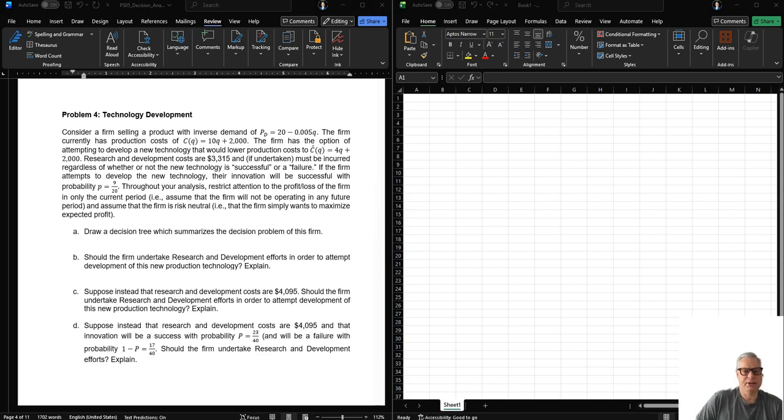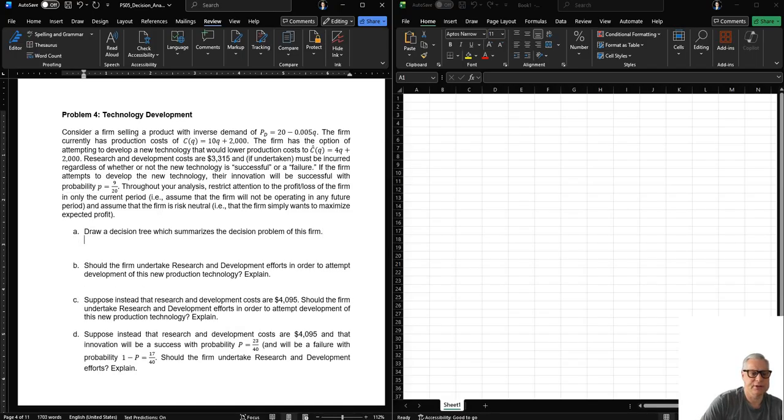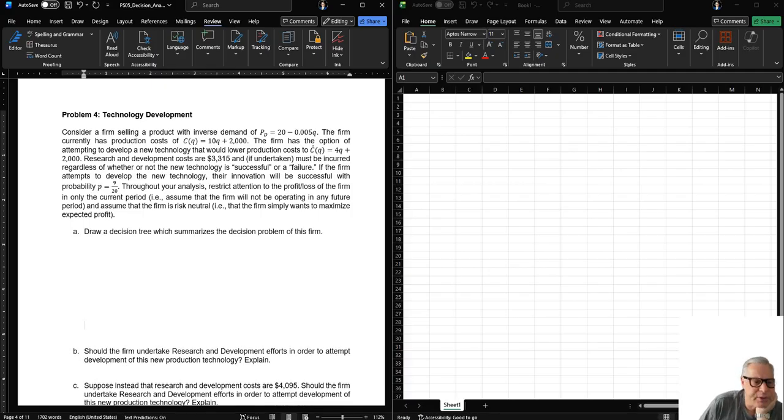Okay, so let's start first with drawing the decision tree. So let me see if I can create here a little bit of space. So we have a decision, so we have to decide, shall we develop or not develop? And if we develop, Mother Nature may decide that it will become a success.